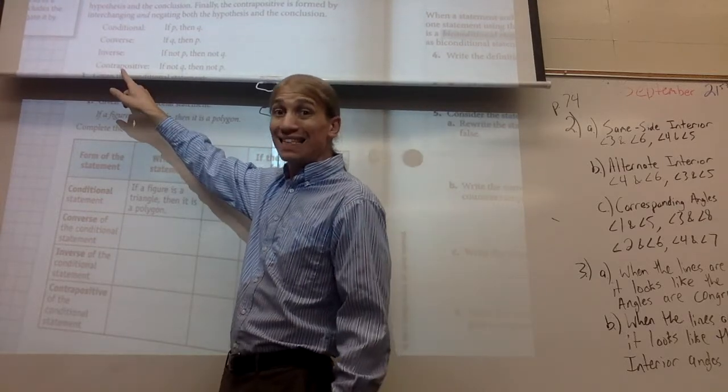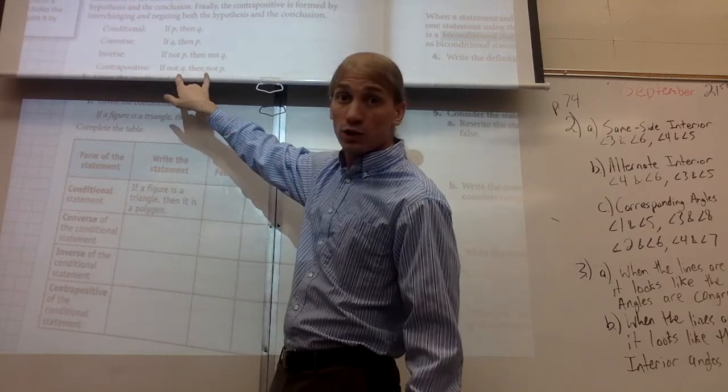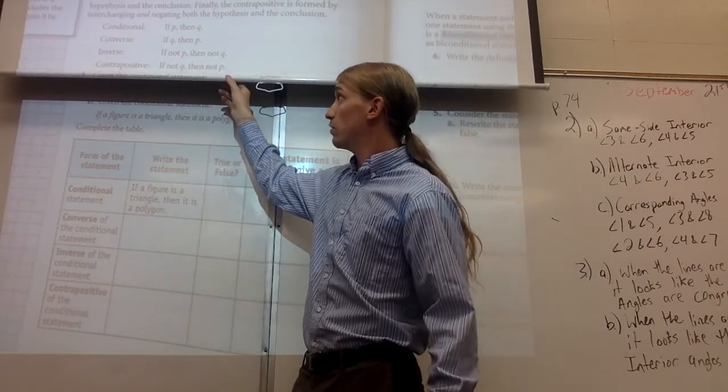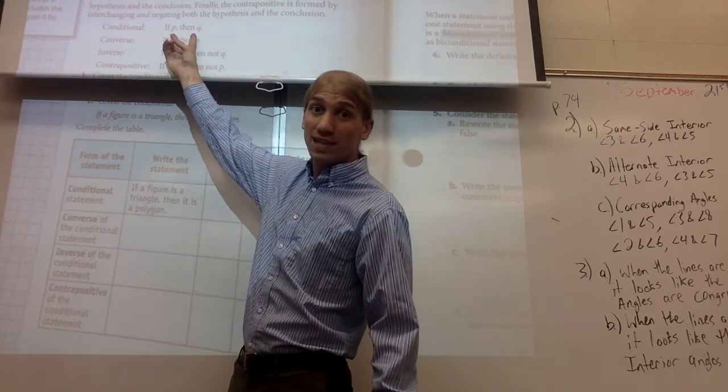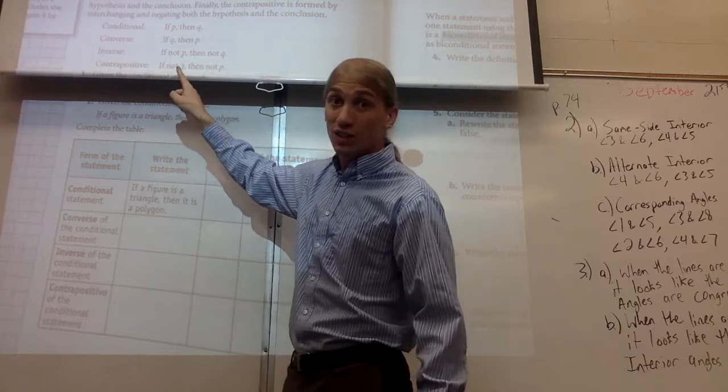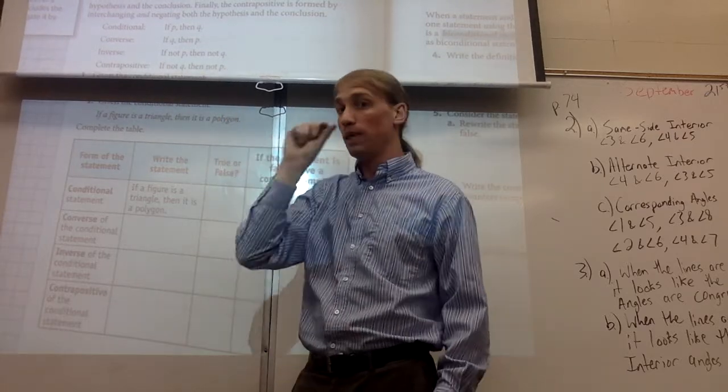The contrapositive is going to introduce the word not as well as switching the conditions and the conclusions. So if my original statement is if P then Q, the contrapositive is if not Q, then not P.